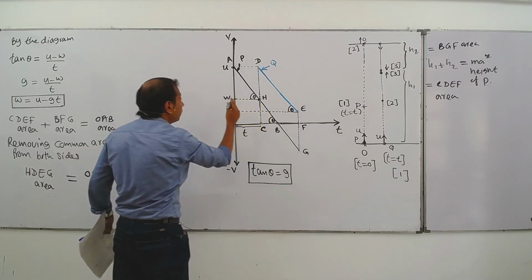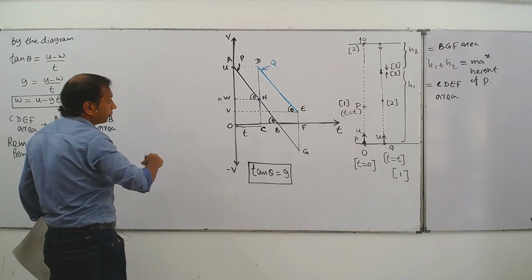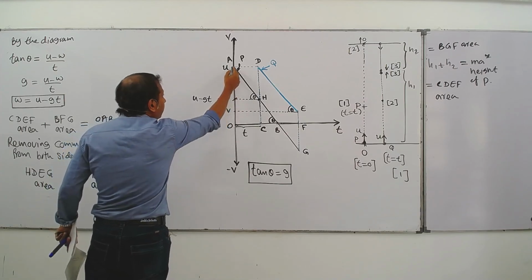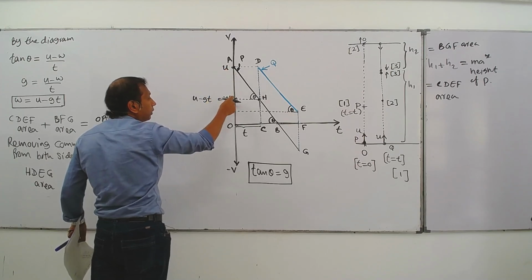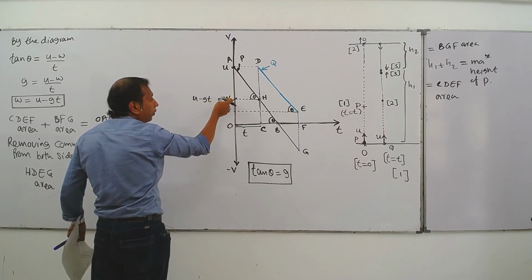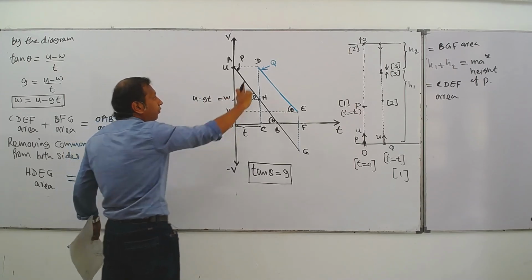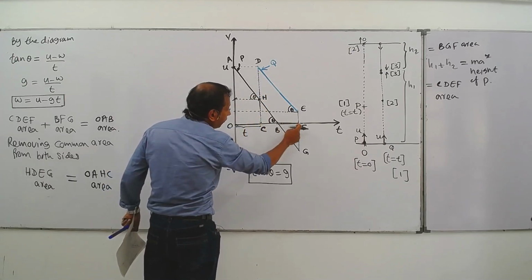So, you notice this W is U minus GT. Then the height from here to here going to be, from the whole height U, subtract W. When you take W to this side, we get U minus W. Take this to right hand side, GT. Therefore, this is GT. The perpendicular height is CF.